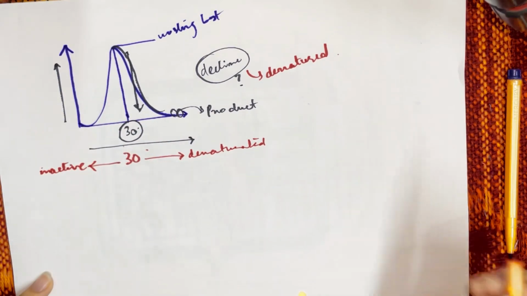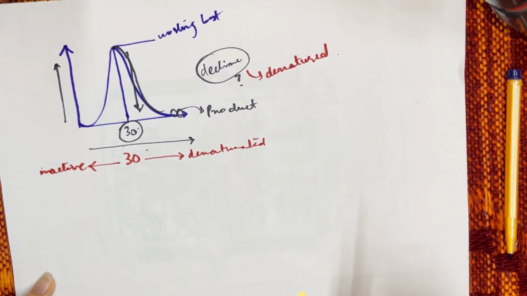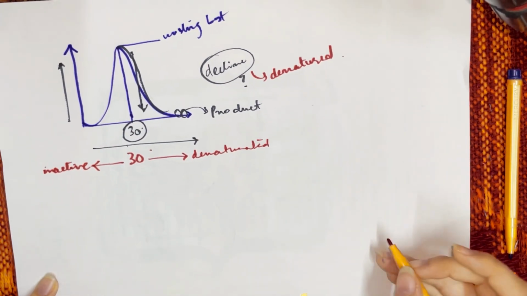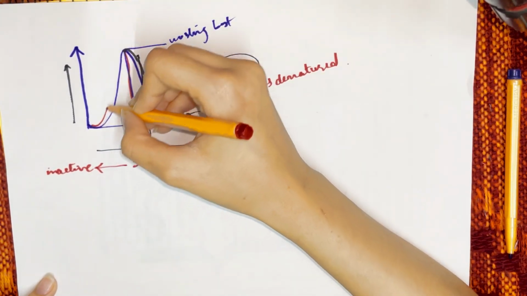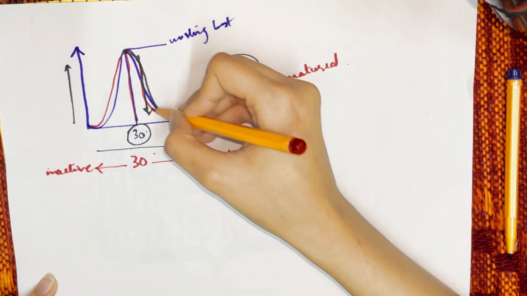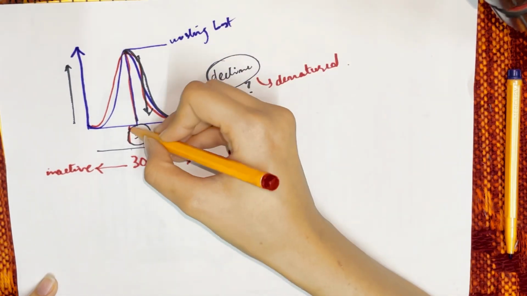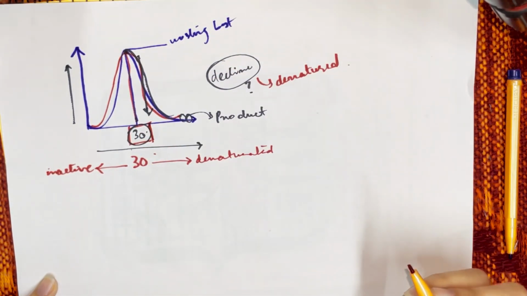So from all of this, we learn that there is always a certain temperature required by an enzyme in order to work at its best, at which it works very efficiently.